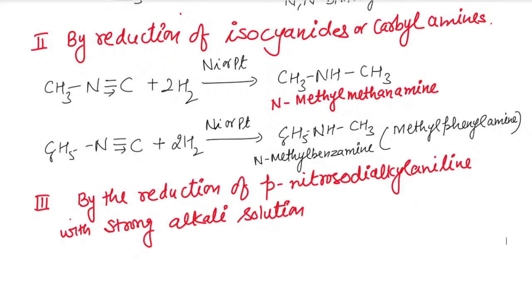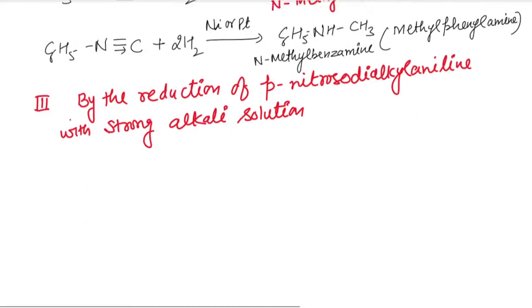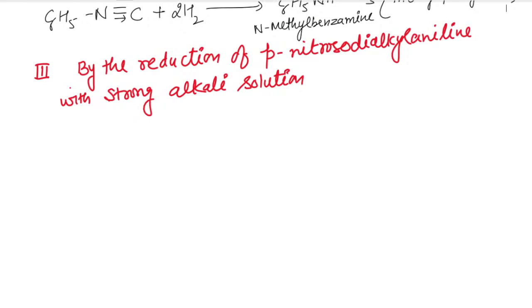Now next is the reduction of para-nitroso dialkyl aniline with strong alkali. Very good, Saad, good. So you know, when aniline is treated with alkyl halide, in alkyl halide R is positive and X is negative.